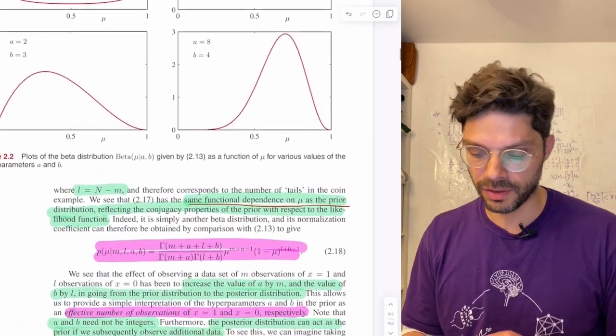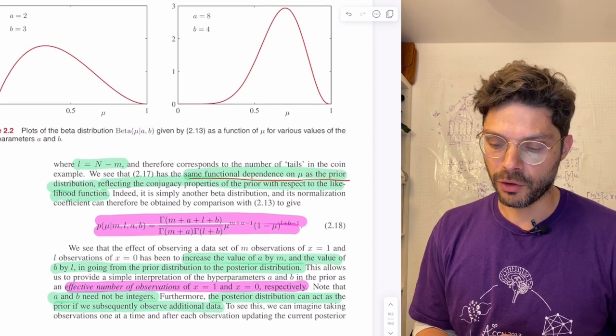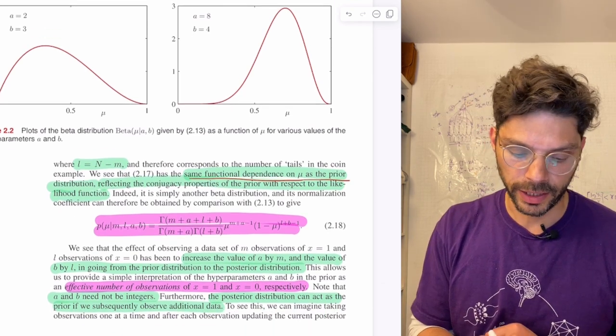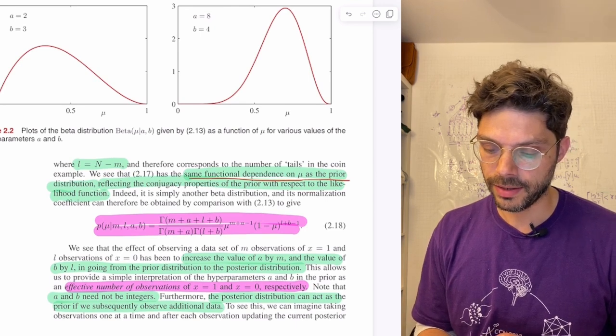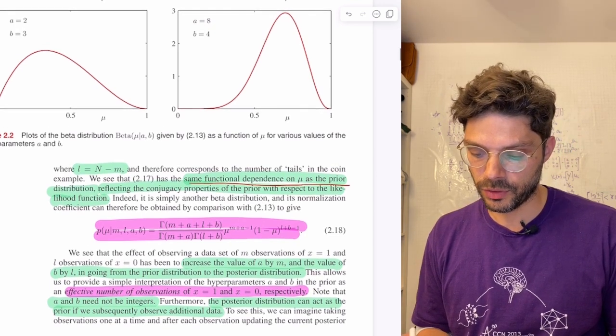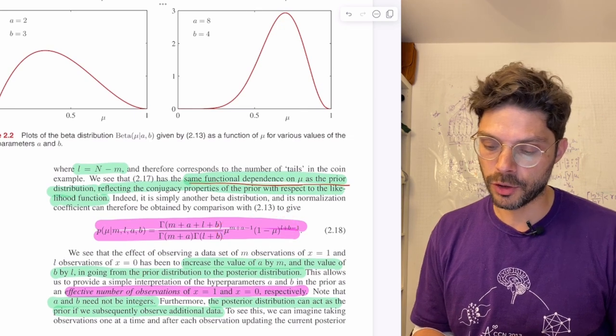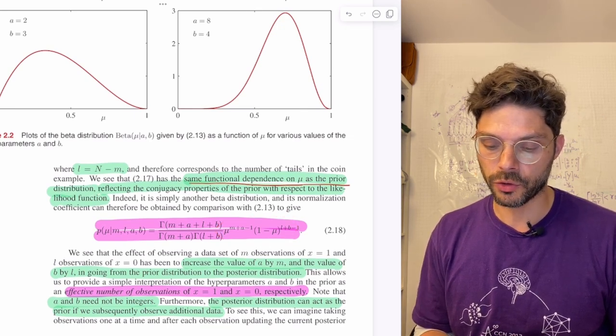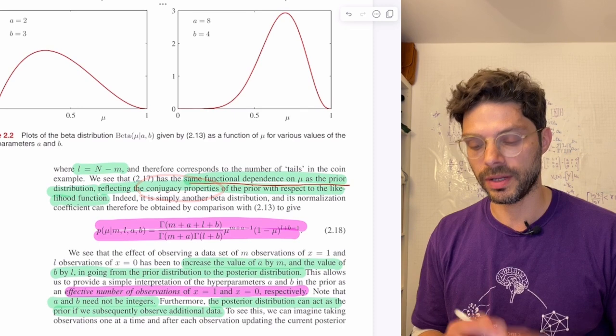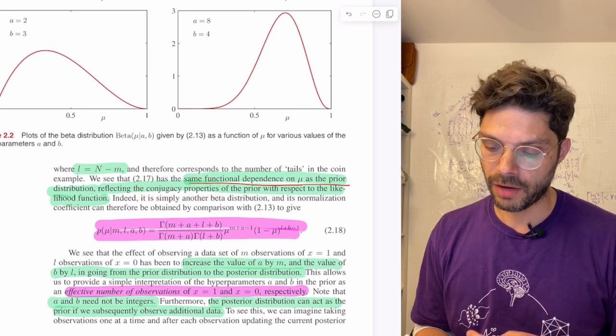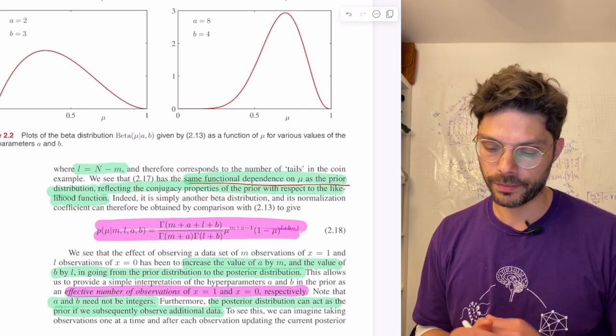We'll come back to these graphs in a second. And that corresponds to the number of tails, so he's just saying what L is. We see that 2.17, which is down here again, has the same functional dependence on mu as the prior distribution, reflecting the conjugacy property. So that's what we were after, of the prior with respect to the likelihood function.